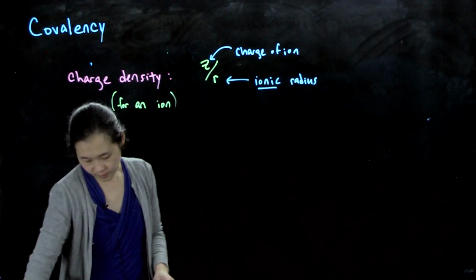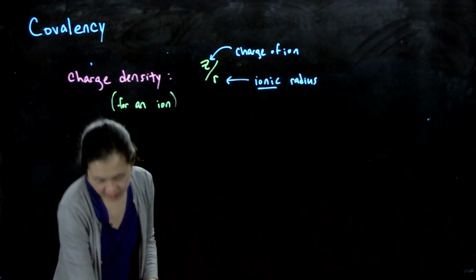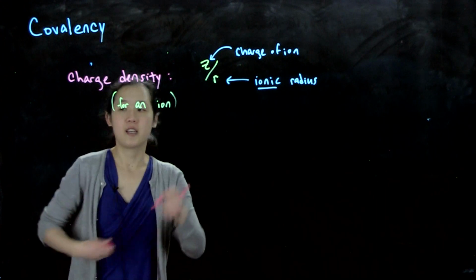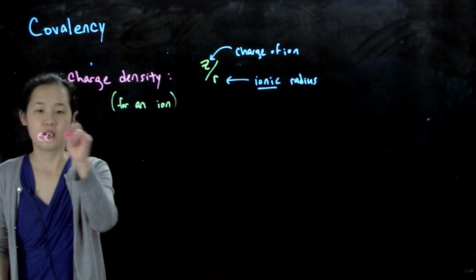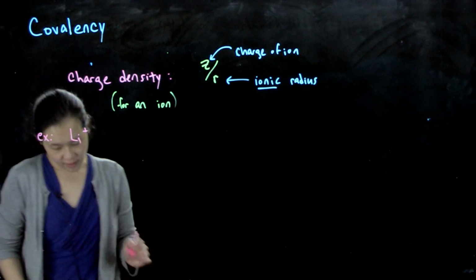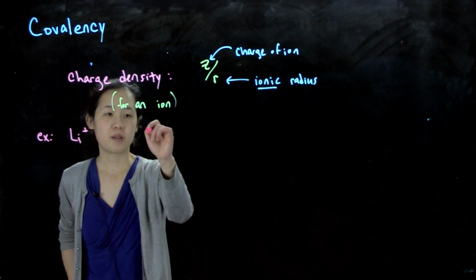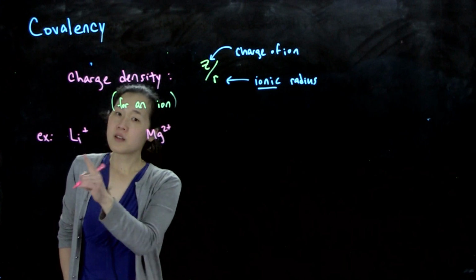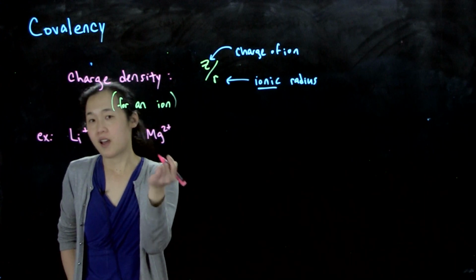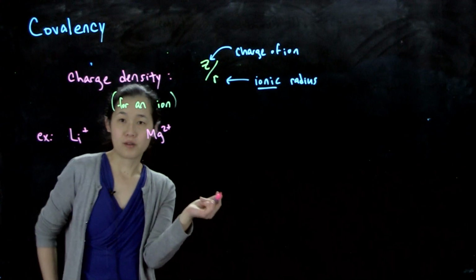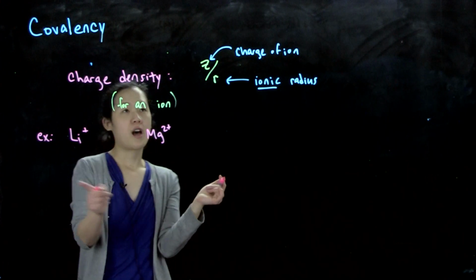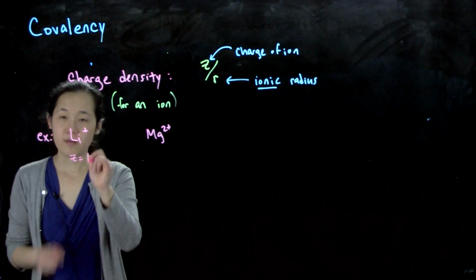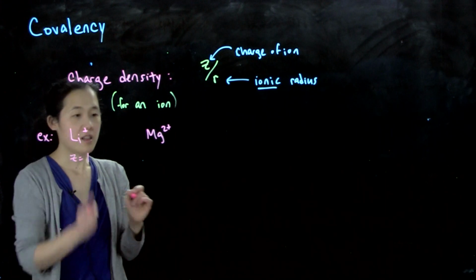Here's one example. Suppose we have lithium plus versus magnesium 2 plus. These are related by the diagonal effect, so they're actually quite similar in terms of charge density. Let's talk about how we calculate that. For lithium, z equals 1 because it's monocationic.